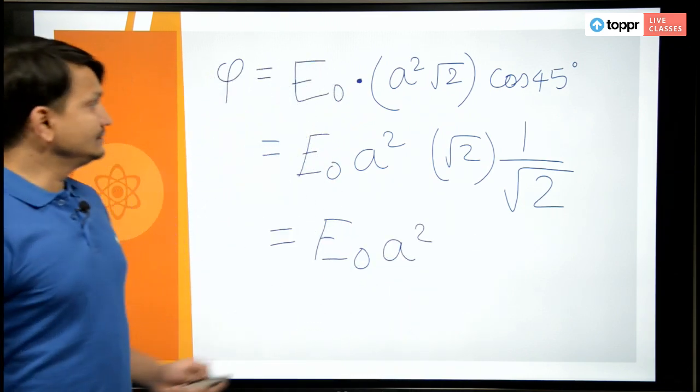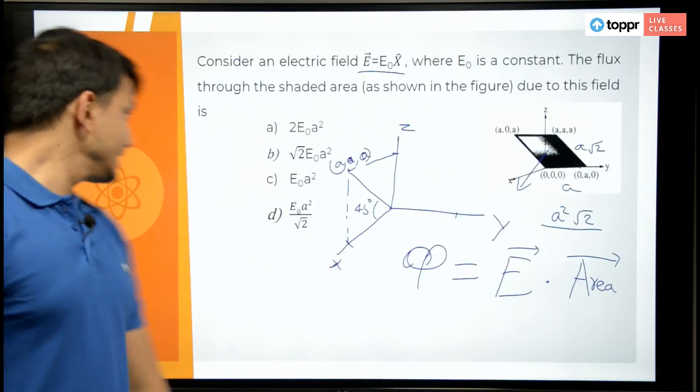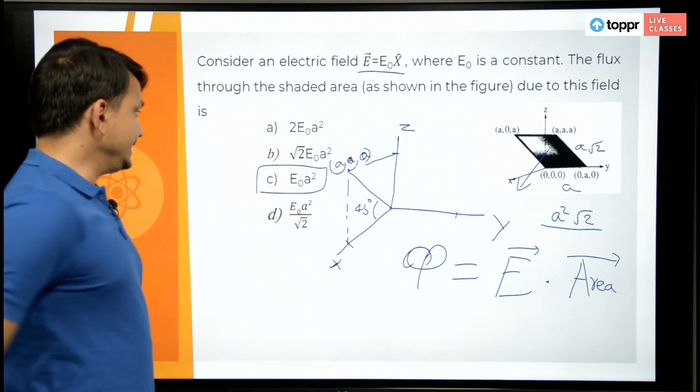Okay, so let us go back and see if we have a relevant option, and yes, we have one: C, E naught A squared.